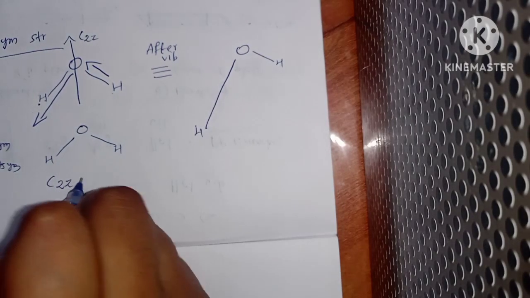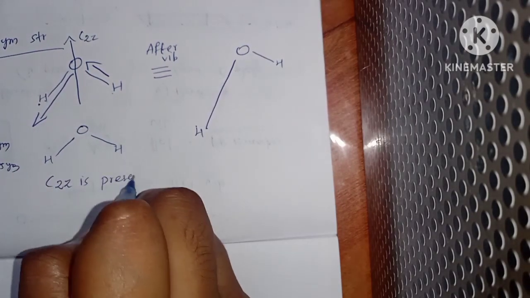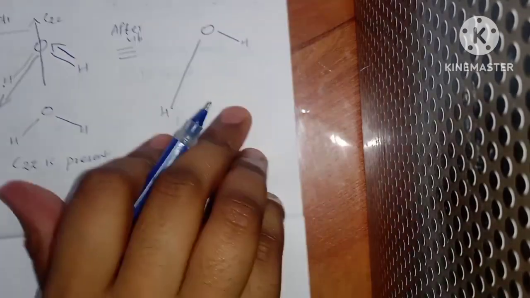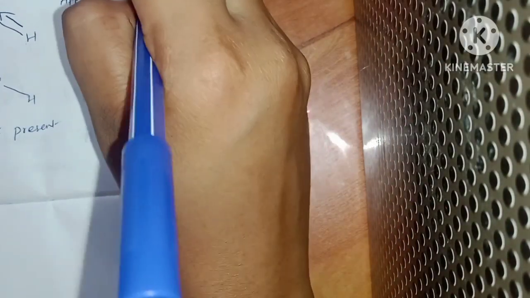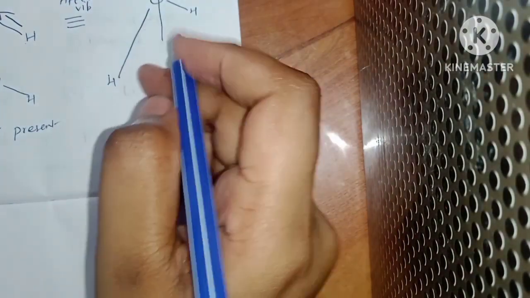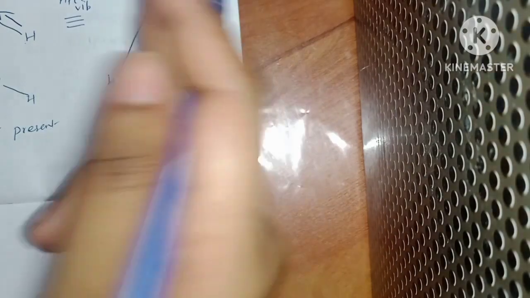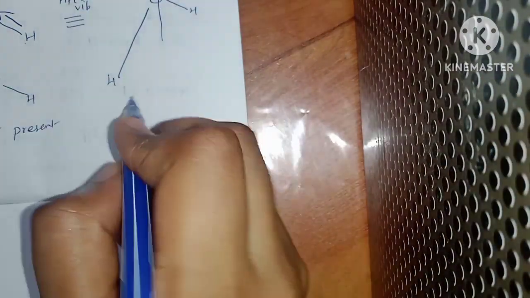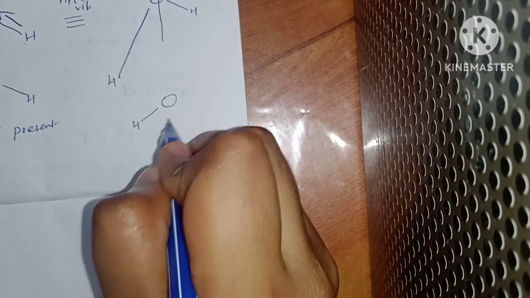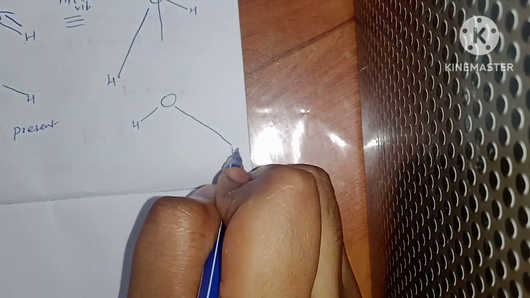So C2Z is present before vibration, and after vibration when we check, this is the C2Z axis. If we rotate 180 degrees about the Z axis, this short-bond hydrogen will come here and the long-bond hydrogen will go to this side. So both are different.